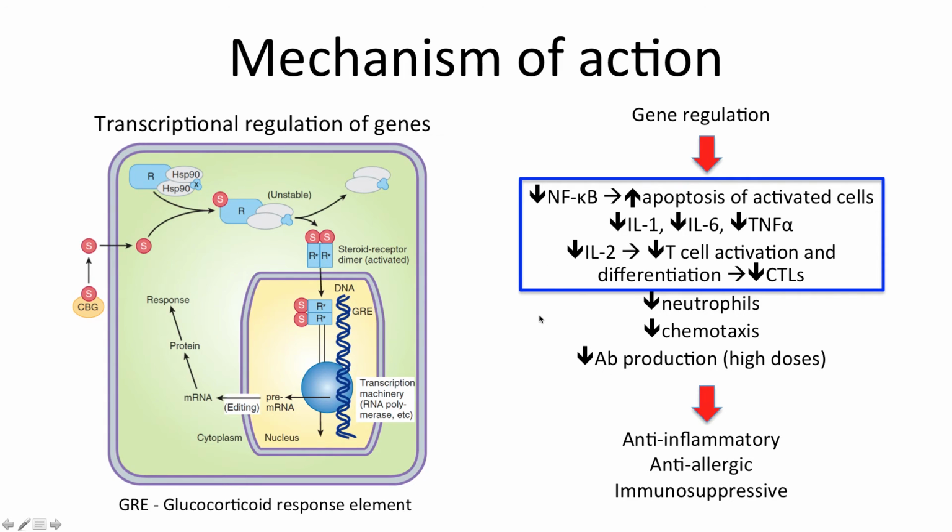This effect can also reduce the maturation of neutrophils and reduce chemotaxis, so neutrophils and other granulocytes cannot be attracted to the site of injury or inflammation. And because of the effect on T cells, antibody production is also reduced. The result is anti-inflammatory, anti-allergic, and immunosuppressive effects.